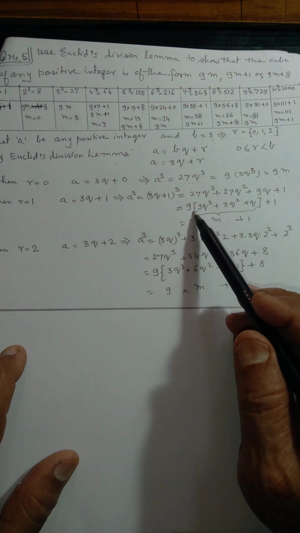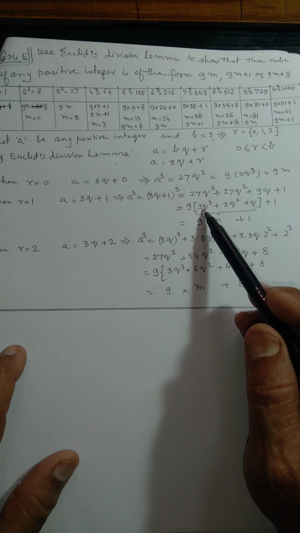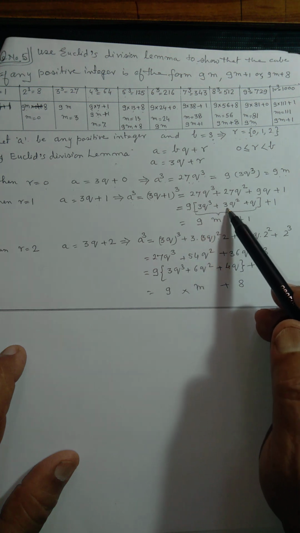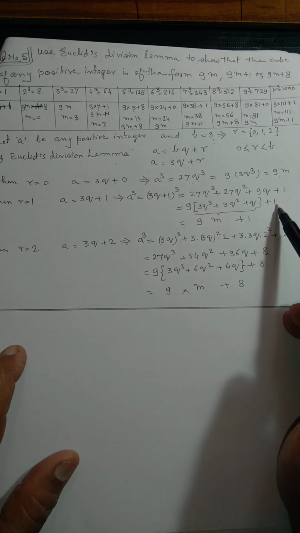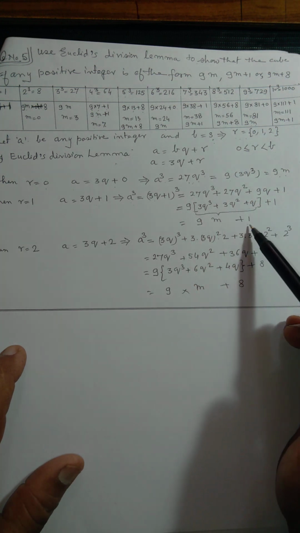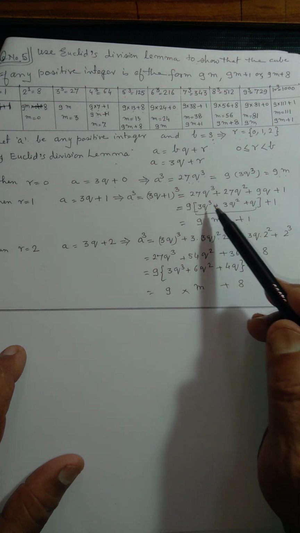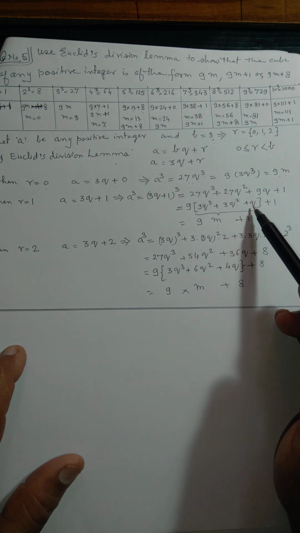You take out 9 common, and you will get inside the bracket 3q cube plus 3q square plus q, bracket closed, plus 1. So it is in the form of 9m plus 1, where m is equal to 3q cube plus 3q square plus q.